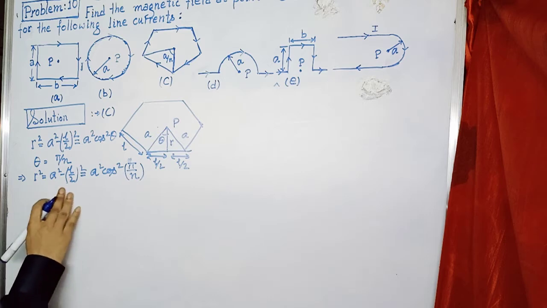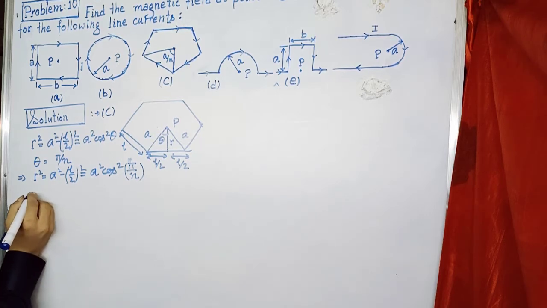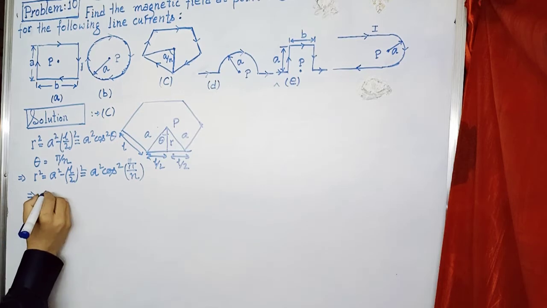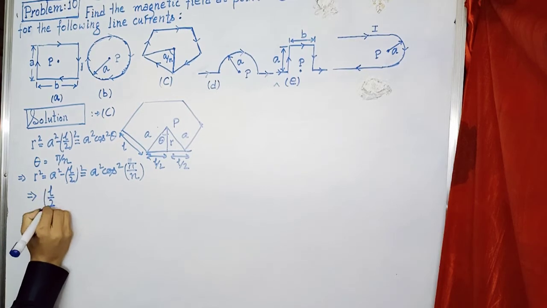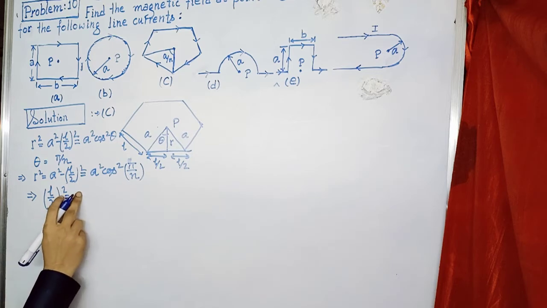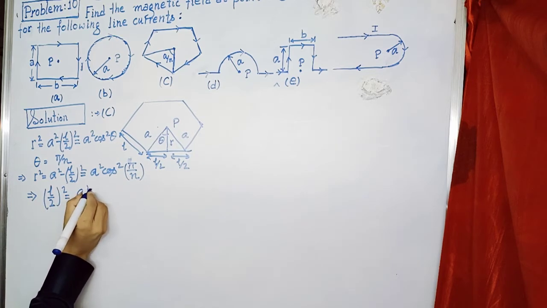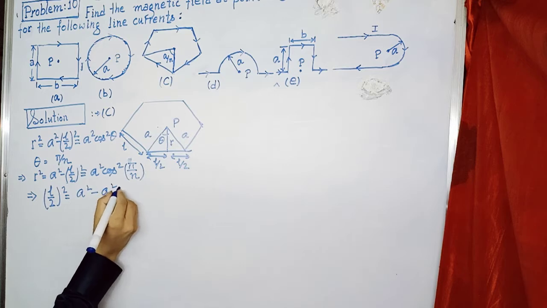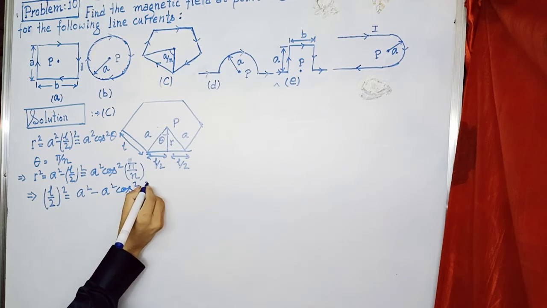So from this equation, again we can write (L divided by 2) square equal to A square minus A square cos square pi divided by n.